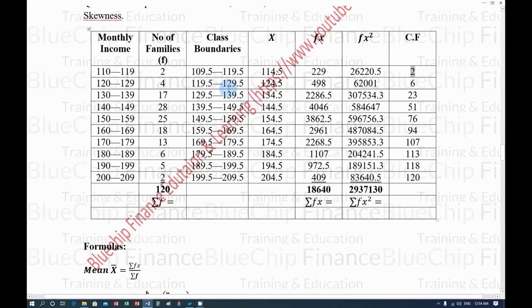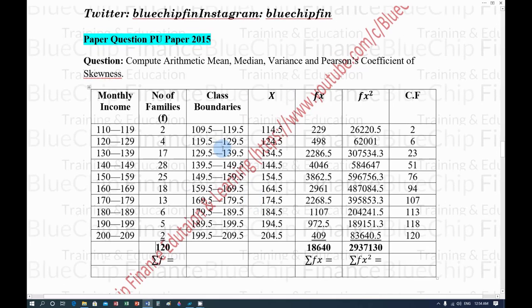So 2 plus 4 equals 6, 6 plus 17 equals 23, 23 plus 28 equals 51, and so on. If your last cumulative frequency is equal to the sum of f, it means your cumulative frequencies are correct. Now it is time to put all these values into the formulas. The formula for arithmetic mean is the sum of fx divided by the sum of f.